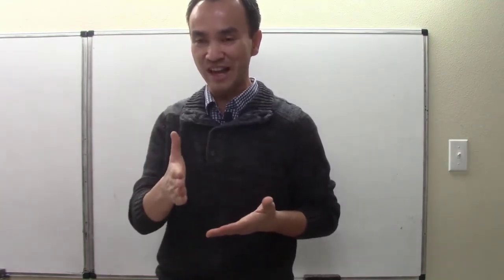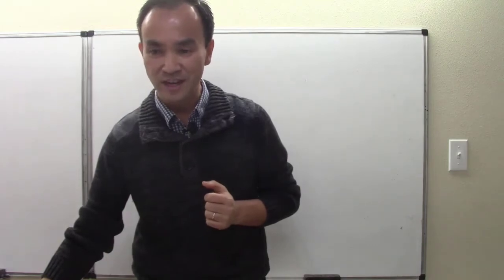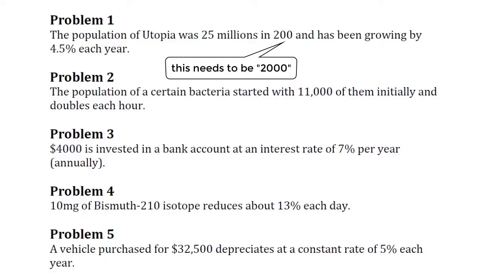And we will see how we can work with that and come up with functions that model and help us estimate the future value of those populations a certain amount of time later.